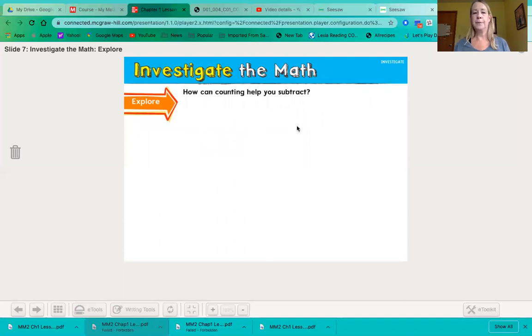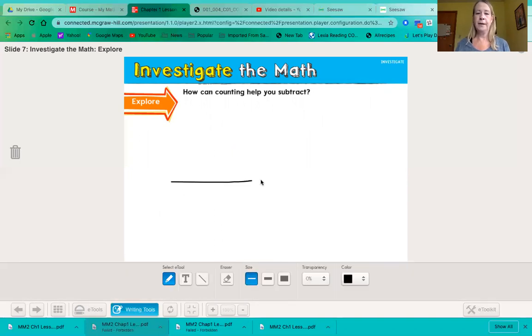How can counting help you subtract? Well, we know that when we have a number line and we're going to add, we jump forward, we can jump on a number line backward to subtract.